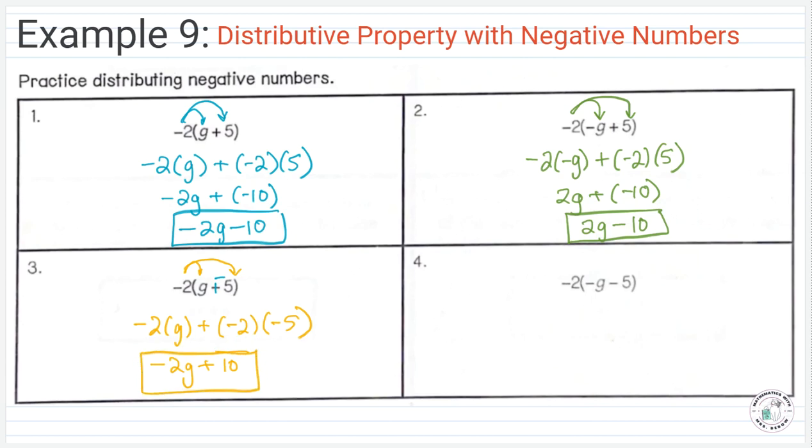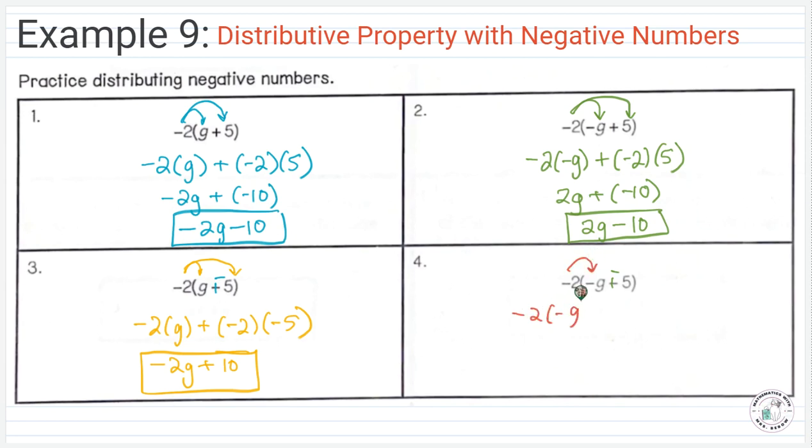We're going to do the same idea on number 4. We have -2 and then in parentheses, this -g minus 5. My advice on this one, that minus 5, rewrite it as a plus negative on the inside. Write that as plus -5 before we distribute that negative factor to everything on the inside. So -2 times -g.